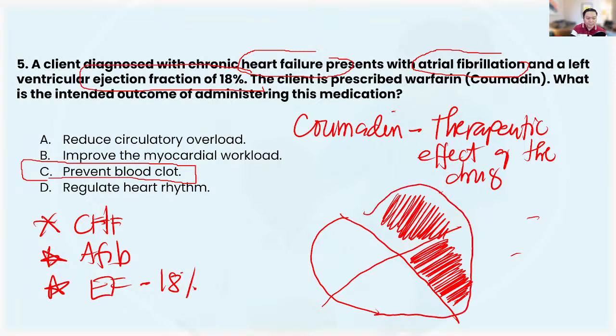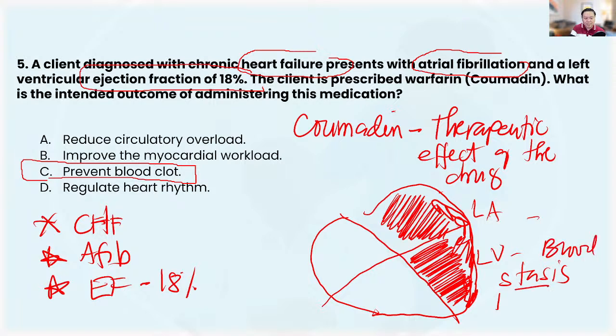Okay, so the problem here is on the left atrium, the left ventricle. So when there is dilation, cardiomegaly, because of the left-sided heart failure, there will be stasis of blood. I'll just put blood stasis. Okay, why is there stasis?